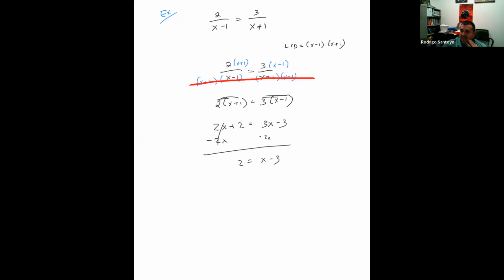Then our last step would be to add 3 to both sides. It looks like that answer should work out because if you put it in the denominators, you do not get an error. Any questions with this example, y'all? Anyone need another minute copying this down?